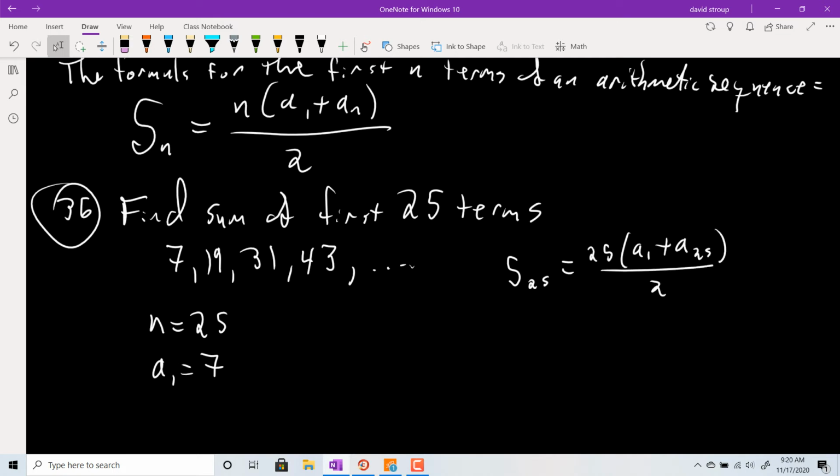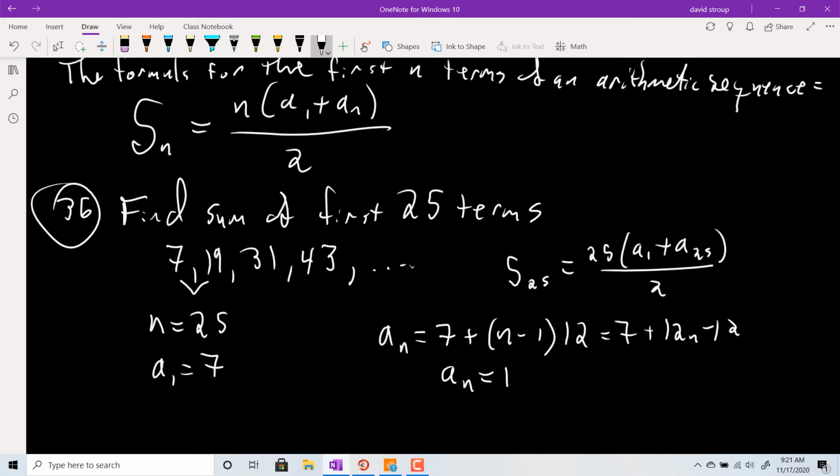So I need a sub 25. I don't have a sub 25, and I'm not going to sit there and go through all of them to get it. I'm not going to do the recursive definition. So I need to go to my general formula. A sub n is equal to a sub 1 plus n minus 1 times the common difference, which is apparently 12. So this is 7 plus 12n minus 12. So a sub n is 12n minus 5.